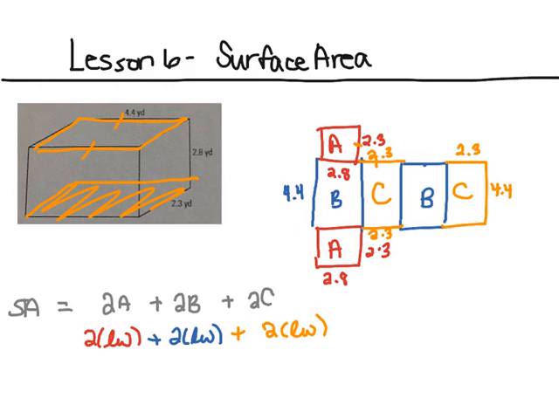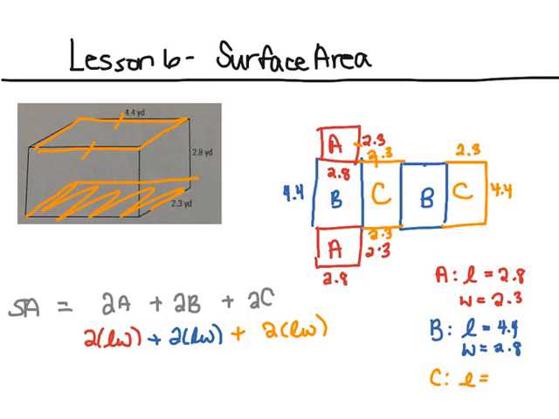Now we just need to know our length and our width. So for A, my length could be 2.8 and my width could be 2.3. It doesn't matter which one is which because you're just multiplying. For B, my length would be 4.4 and my width would be 2.8. And for C, my length would be 4.4 and my width would be 2.3.